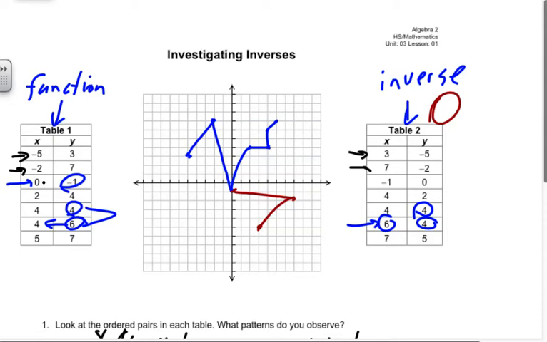And then I go back to 4, 2. And then I've got 4, 4. And then I go to 6, 4. And then I go to 7, 5.